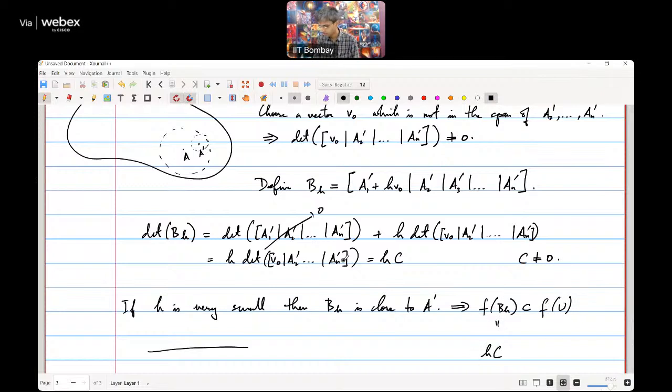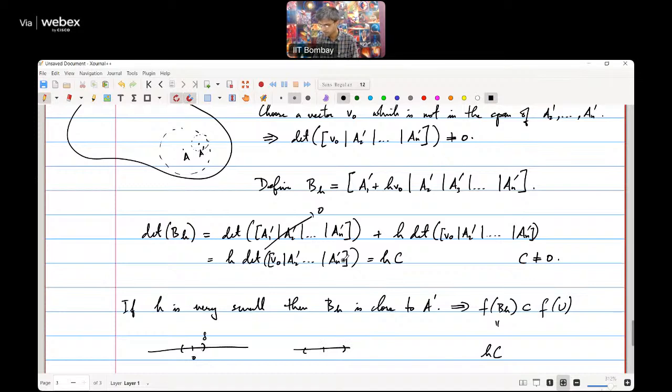Yeah. So as our H varies in some very small neighborhood of 0, we get that f of BH will vary in this scale by C, right? So this is, let's say, this delta.